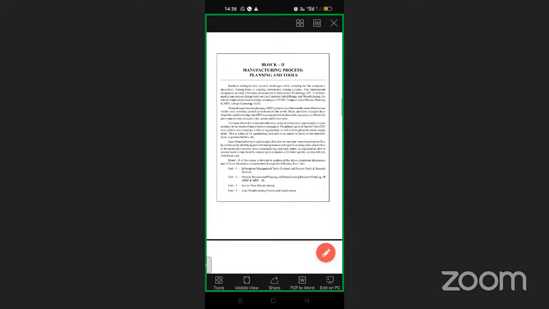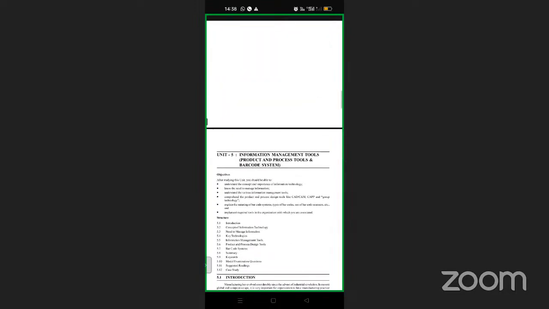But later, after the industrial revolution, there was a revolutionary change in the manufacturing process with regard to the information sharing process. So let's now first understand the information management tools, that is product and process tools and barcode system.